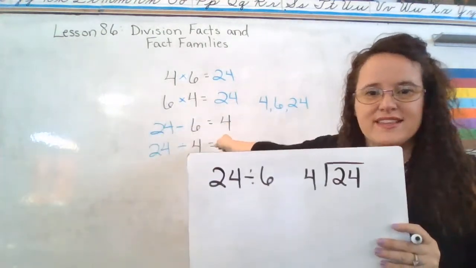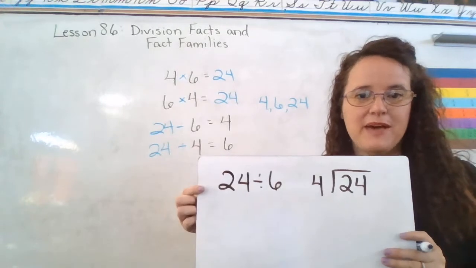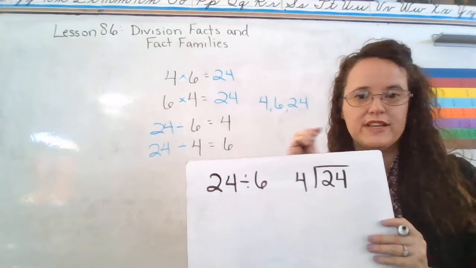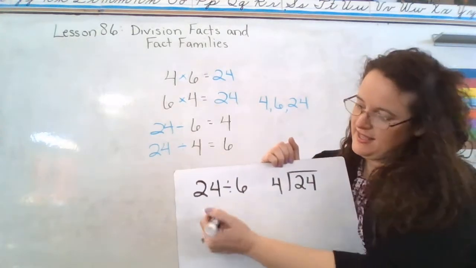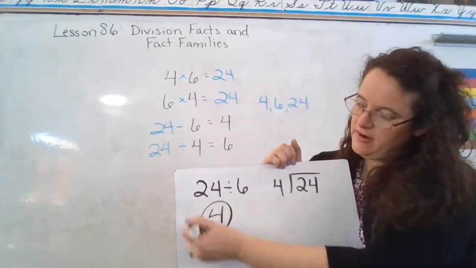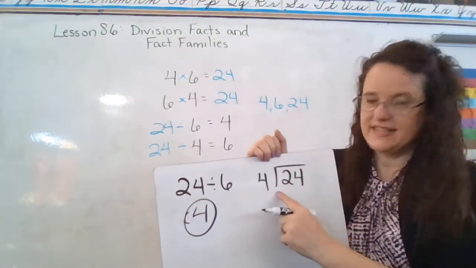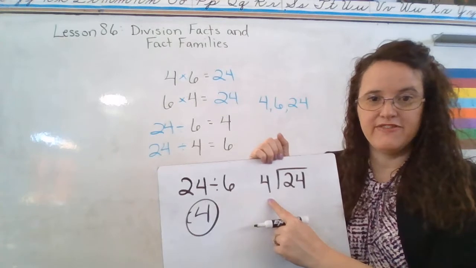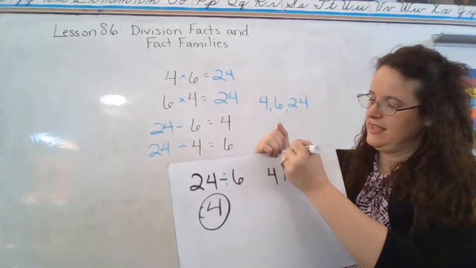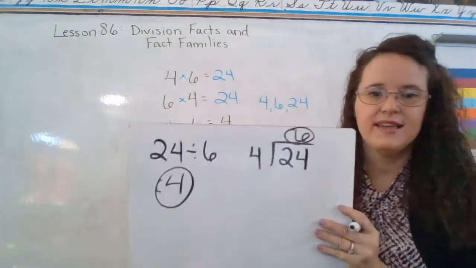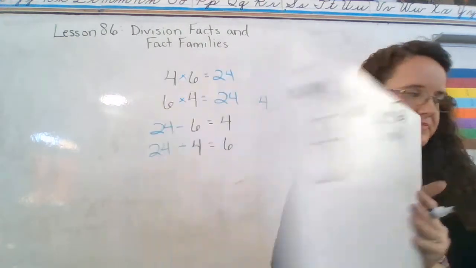I've got the 6 and 24 fact family behind me. So what is 24 divided by 6? It's 4. And then what is 24 divided by 4? It's 6. There's our first example.